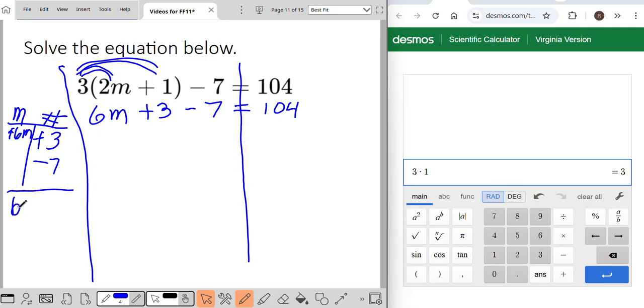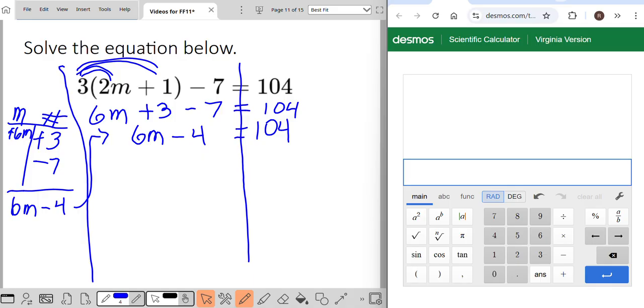I know I'm bringing down 6m, but let's use Desmos just to be positive. So 3 minus 7 is negative 4. I take that and move it up here, and I'm going to keep solving. 6m minus 4 equals 104.